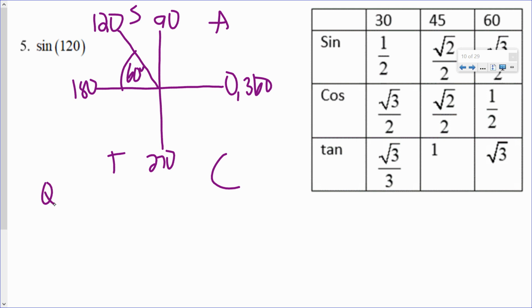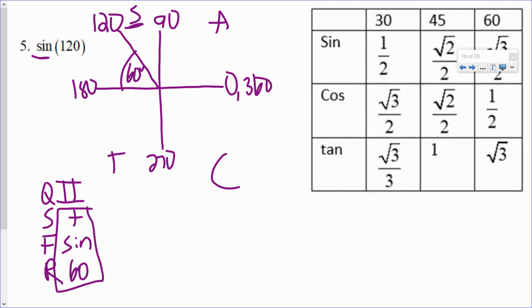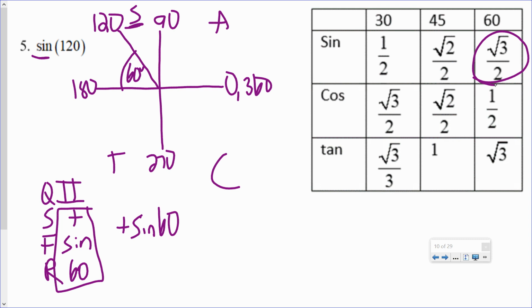So QSFR, quadrant 2. In quadrant 2, sine is positive. The trig function is sine. The reference angle is 60. So I have positive sine of 60. Sine of 60 is radical 3 over 2. My answer is radical 3 over 2. Let's try another one.